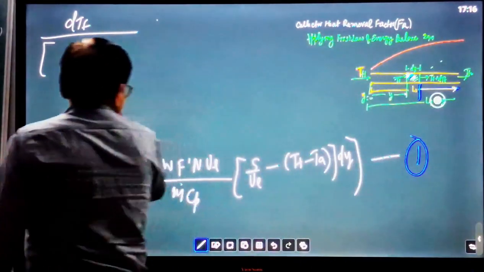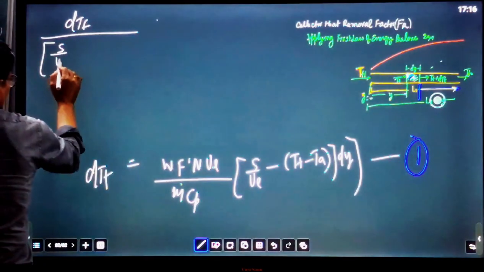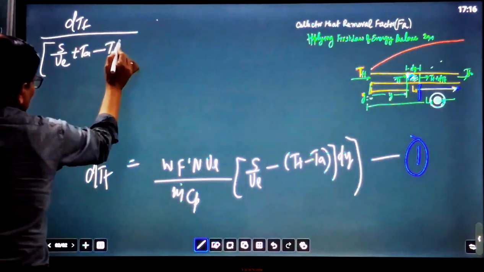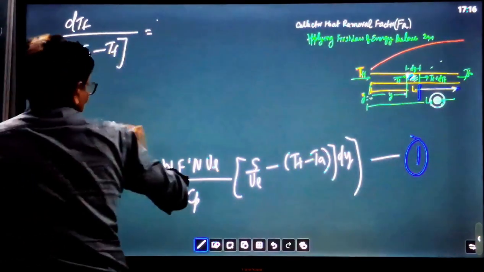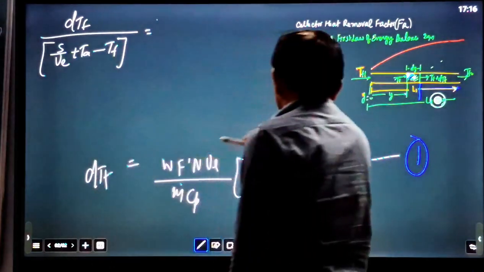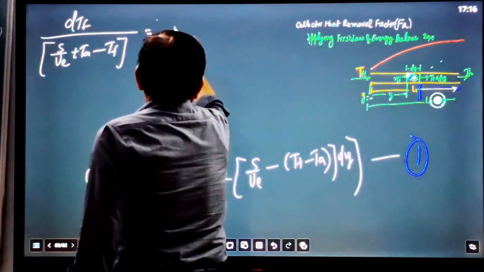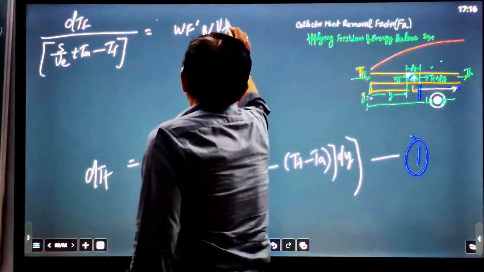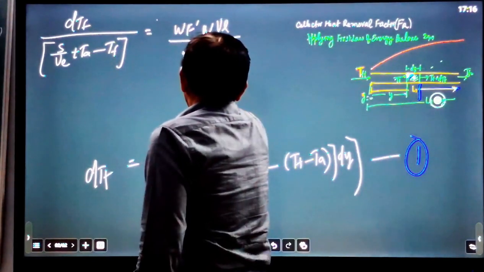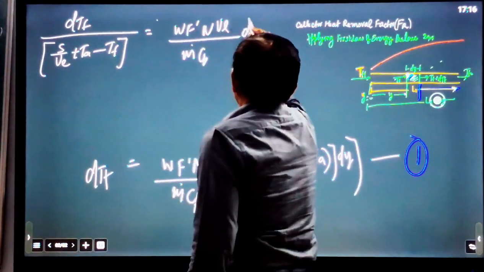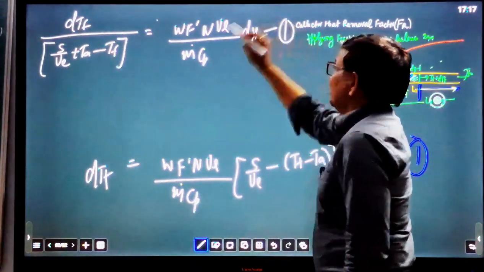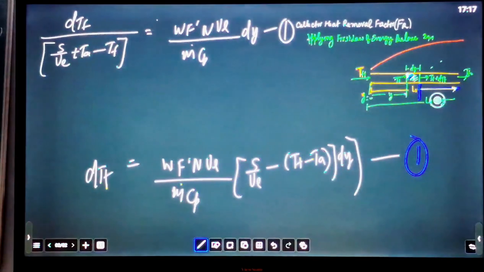So this equation you can write as S upon UL plus Ta minus Tf, and this equals Wf dash n UL upon m dot Cp times dy. This is again equation number 1, because we have only simplified it.